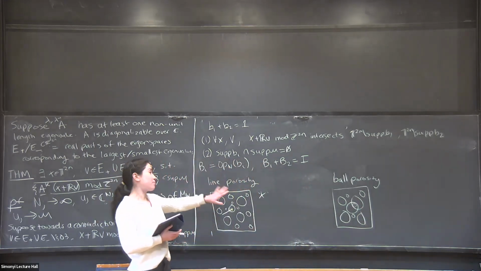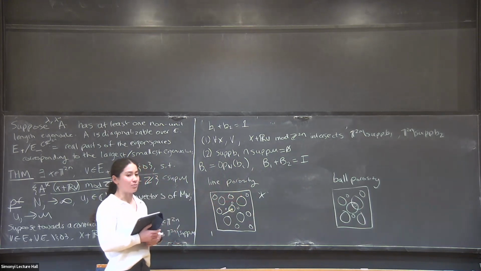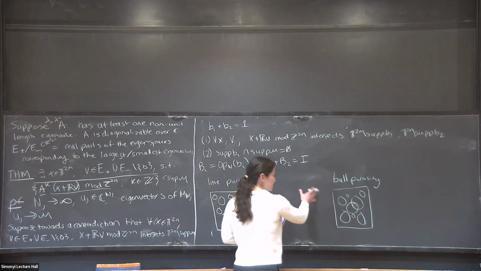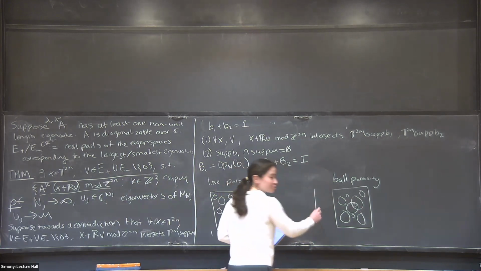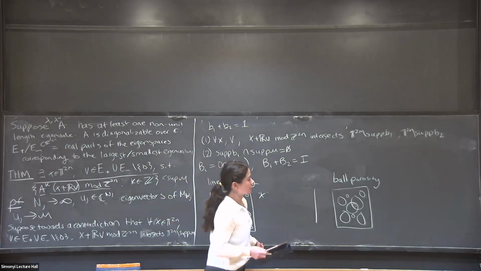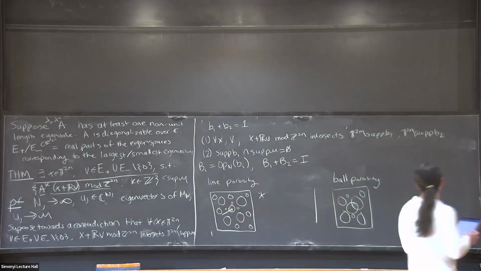Line porosity is a stronger property than ball porosity. It implies ball porosity. A very simple example of a ball porous set on my R^2 plane would just be a line. Okay, so those very loosely are the definitions.